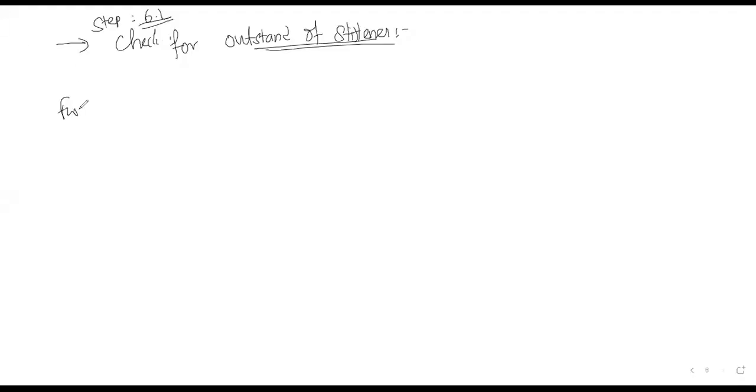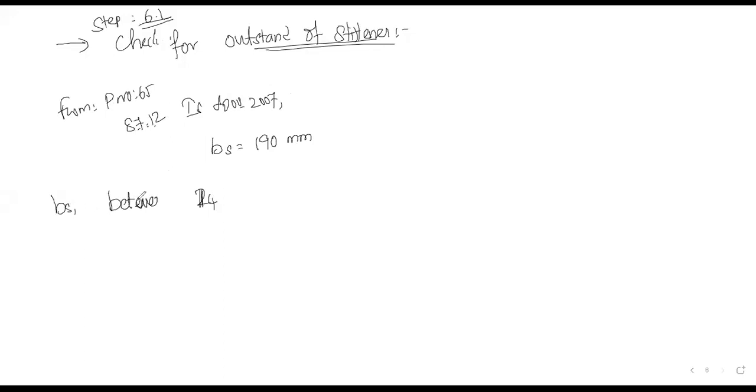From page number 65, clause 8.7.1.2 of IS 800:2007, the BS value we have provided is 190 mm. The check is that BS should be between 14 times TQ into epsilon and 20 times TQ into epsilon.